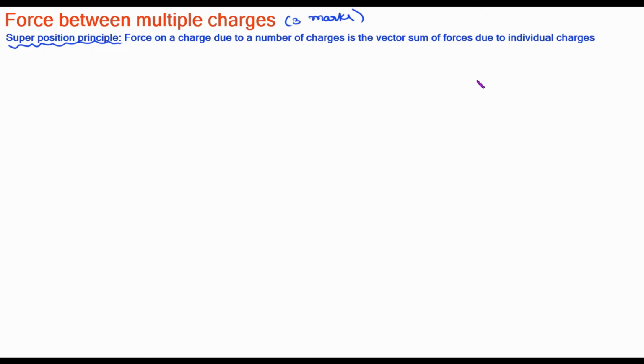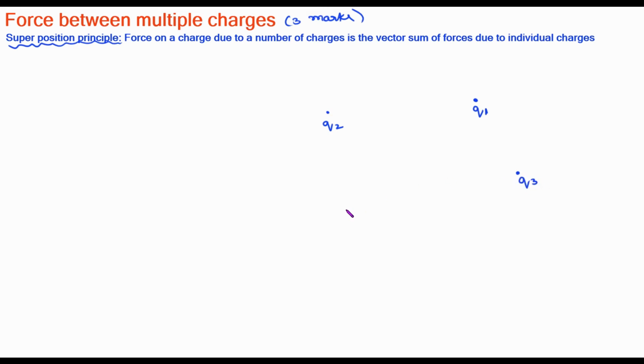For this derivation we require a small figure, so I'll be drawing that figure. I am taking a system of 3 charges. Initially 3 charges, then we will generalize it to n number of charges. So here is q1, I have kept a charge q2 here, and somewhere here I'll keep a charge q3.